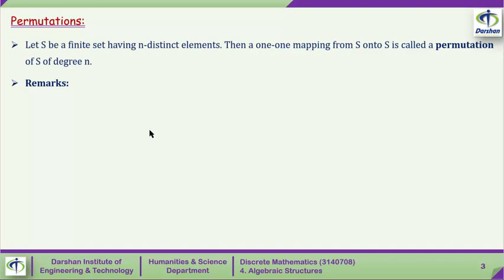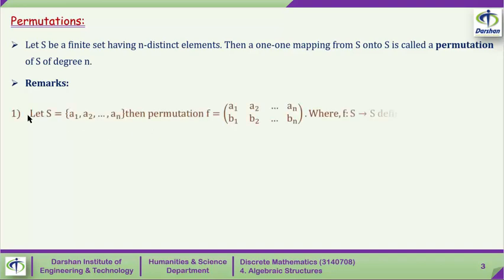Now some remarks. First remark: let S = {a1, a2, up to an}, meaning S has n distinct elements. Then a permutation f is defined as a1 goes to b1, a2 goes to b2, and so on, an goes to bn.